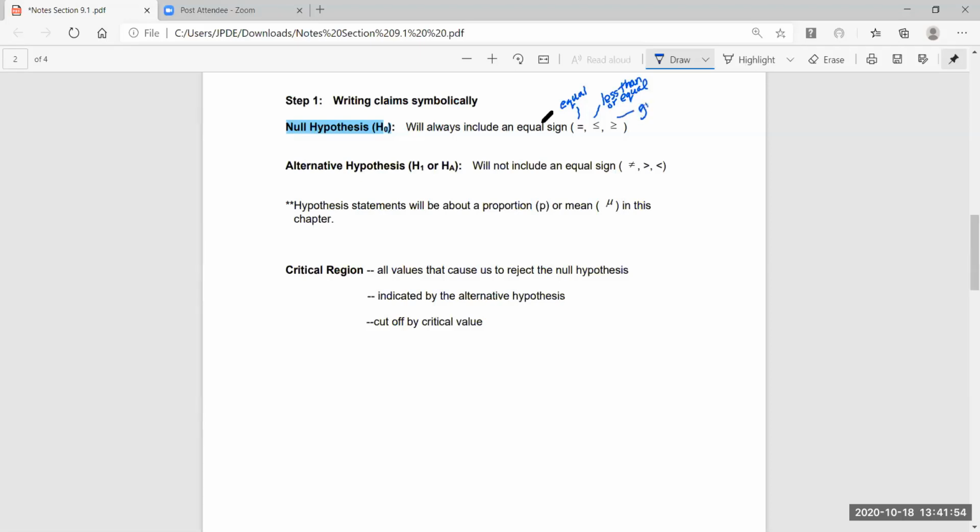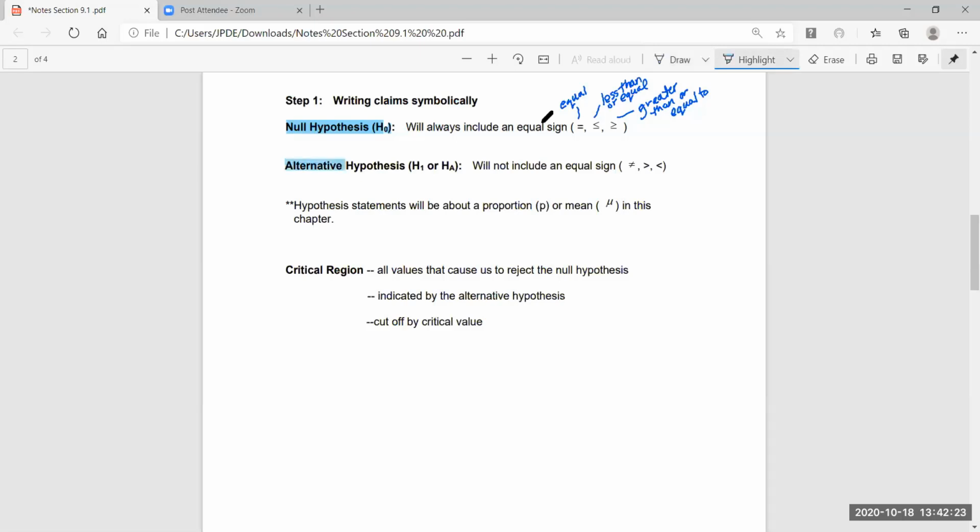And this one is a greater than or equal to. So when we start working on these, as we write our null hypothesis, we're going to ask ourselves, is there an equal in here anyway? If there is, we write those symbols in the null hypothesis.